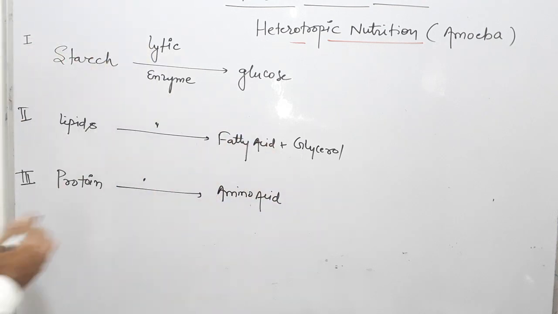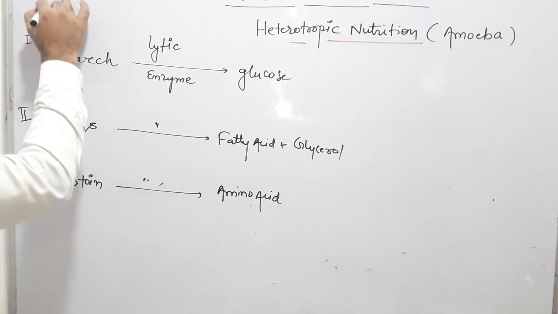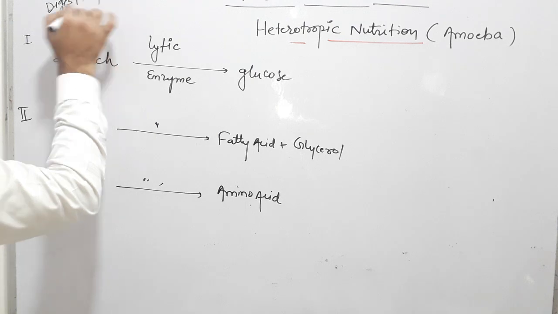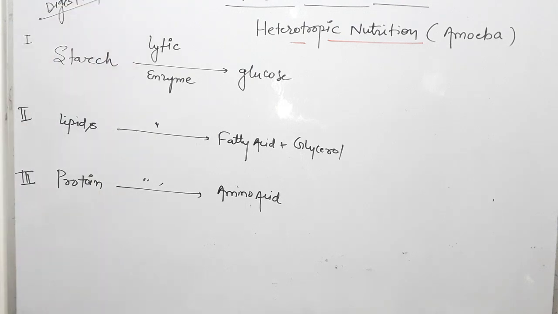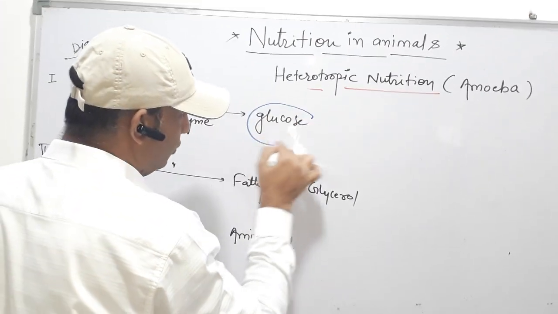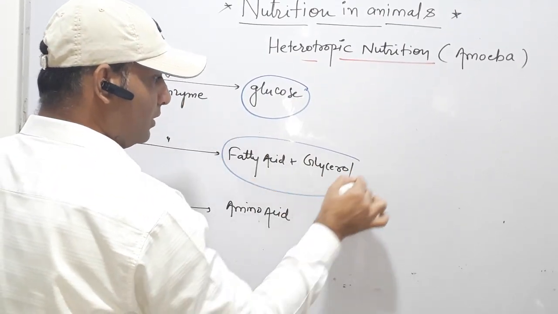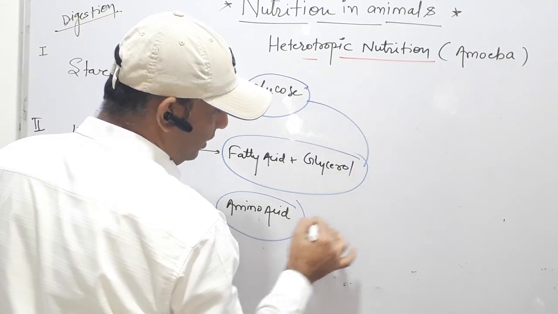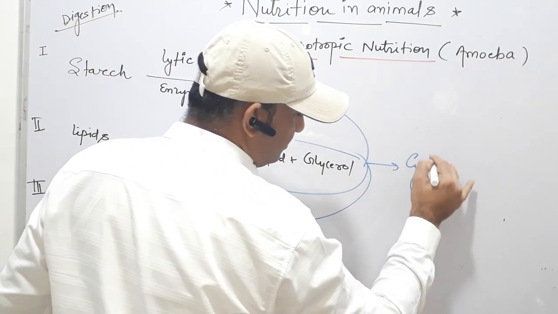So this is the complete equation of digestion. Now after the digestion, all these food parts like glucose, fatty acid and glycerol and amino acid are all released into the cytoplasm.